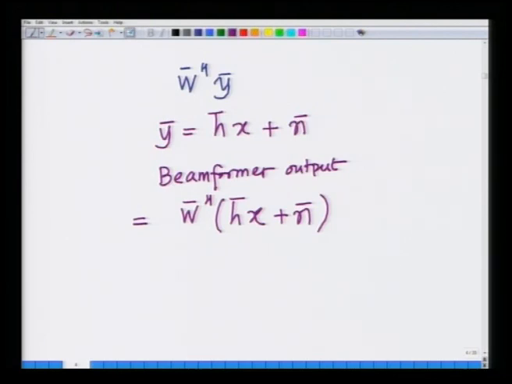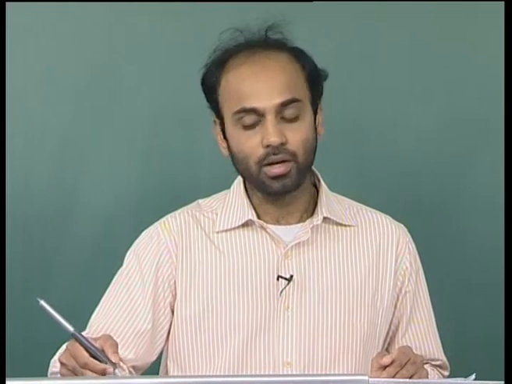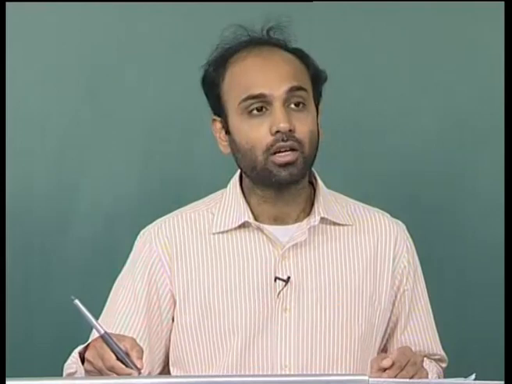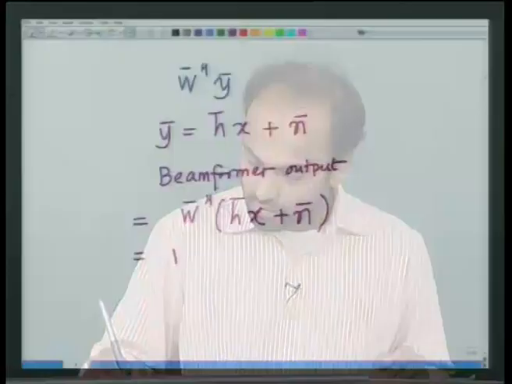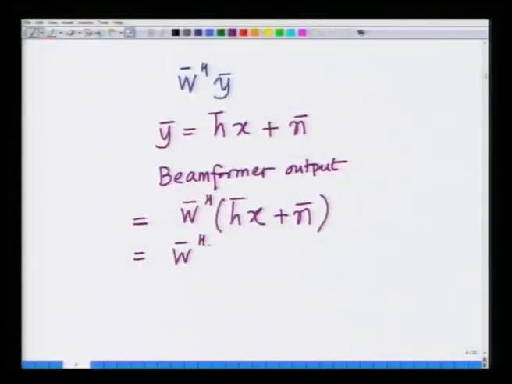So, I am doing beamforming, and my beamformer output is W bar Hermitian Y bar, where Y bar is H bar x plus N bar. So, my beamformer output is W bar Hermitian H bar x plus W bar Hermitian N bar.